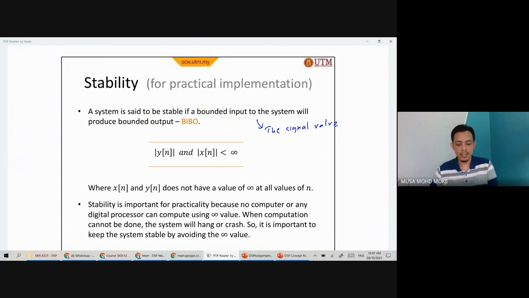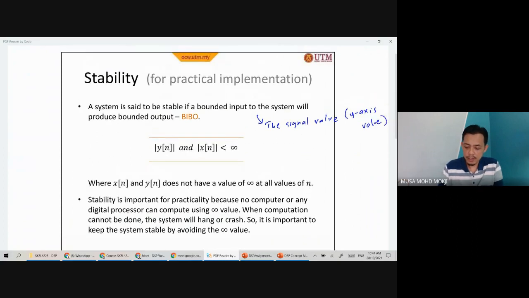So when we are checking whether it is bounded or not bounded, we are looking at the signal value, which is the y-axis value. So it needs to be not equal to infinity, or sometimes we put it as must be less than infinity.